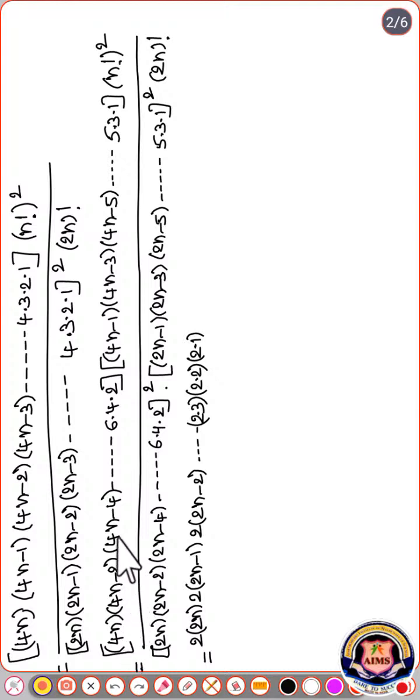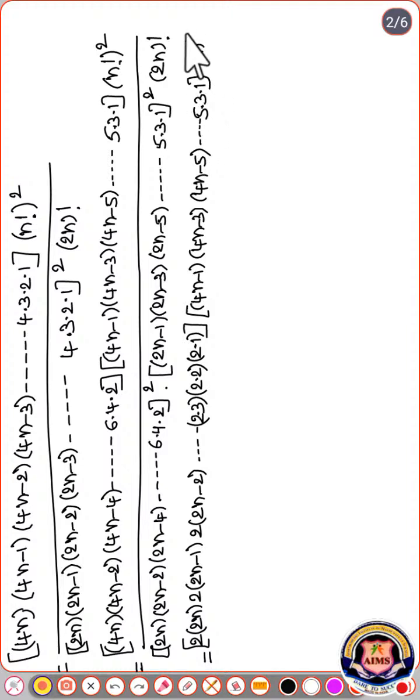Okay, all these numbers we are taking 2 common, from even numbers only. Odd numbers we are not having common, so as it is you will write, copy, paste 4n minus 1, 4n minus 3, 4n minus 5, and so on, 5, 3, 1 into n factorial whole square.